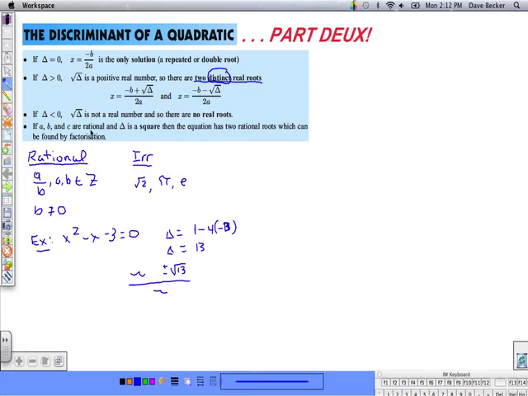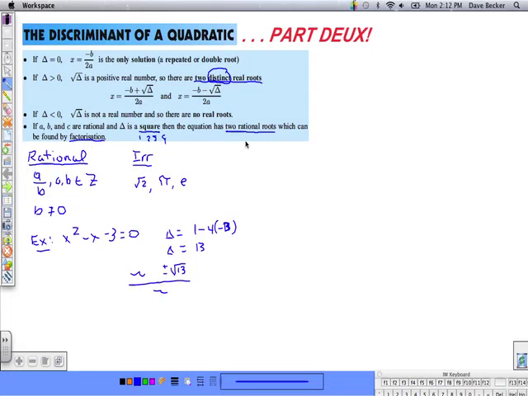Down here, if A, B, C are rational and delta is a square, what do they mean by that? Well, they mean perfect square, like 1 or 25 or 9, etc. Your perfect squares. Then the equation has two rational roots, which can be found by factorization.